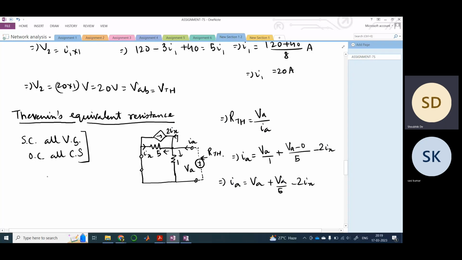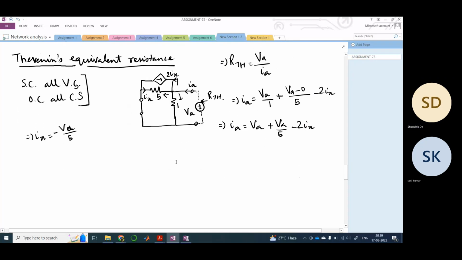Now what is IX? IX is the current flowing through this path. So IX is nothing but VA by 5, and of course minus, because why minus? Because our current direction is in this direction, right? But IX is flowing in the opposite direction. That is why this minus is coming here.